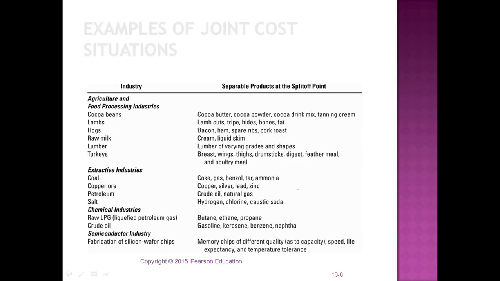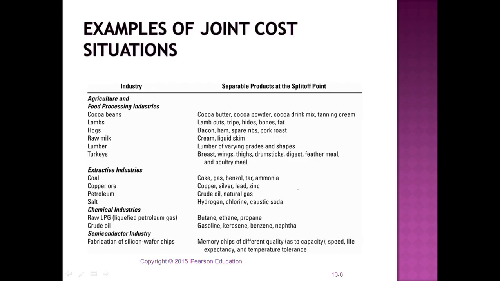Okay. And so with that, let's take some examples of companies which have a joint production process. You need to understand that this is not an uncommon methodology in cost accounting. You have a lot of industries, a lot of companies which actually have a joint cost situation. So which are those? If you can see in this column under industry, you will see agriculture or food processing industry, extractive industry or natural mining industry, chemical industry, and even the semiconductor industry, or we can say the high-tech industry, also faces this type of situation.